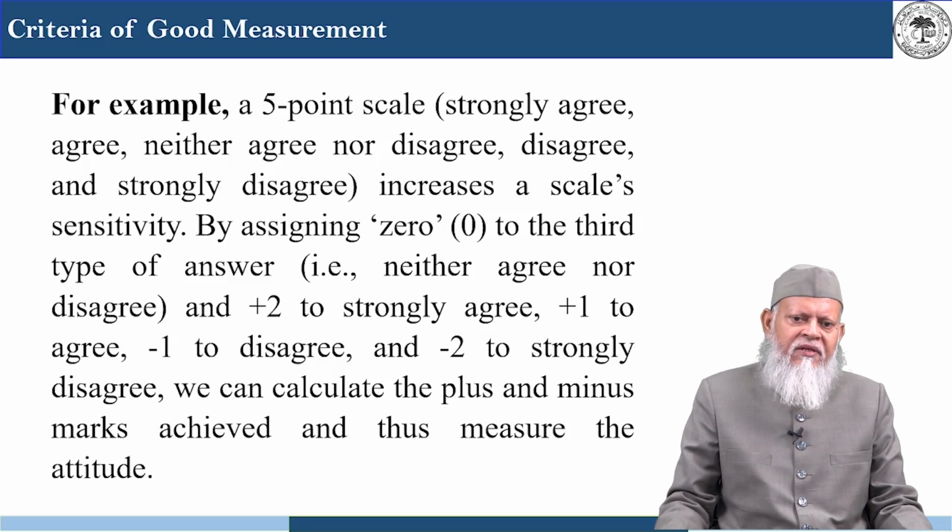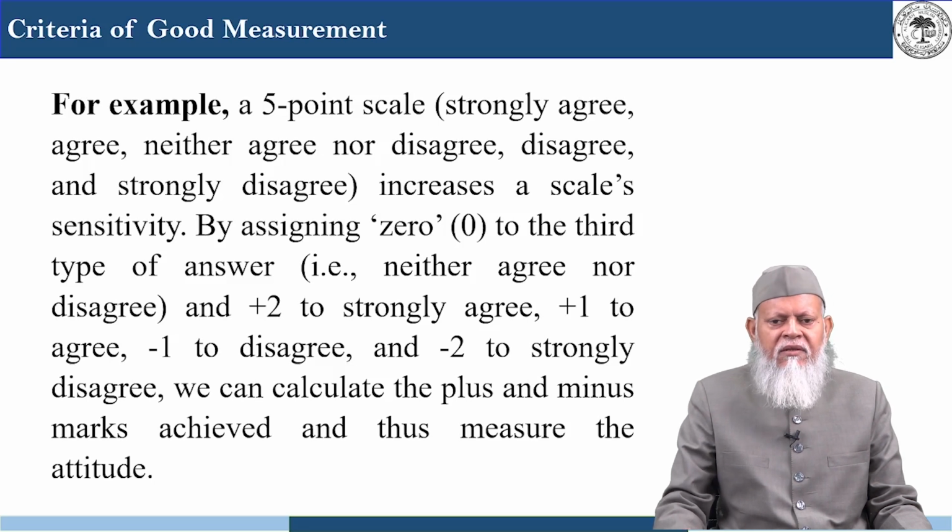Now, we have increased the 5-point scale to a 7-point scale, capturing more sensitivity and giving more options for responses. So, we find that the 7-point scale has given us more options of sensitivity than the 5-point scale, and the 5-point scale has been more sensitive than the 3-point scale.